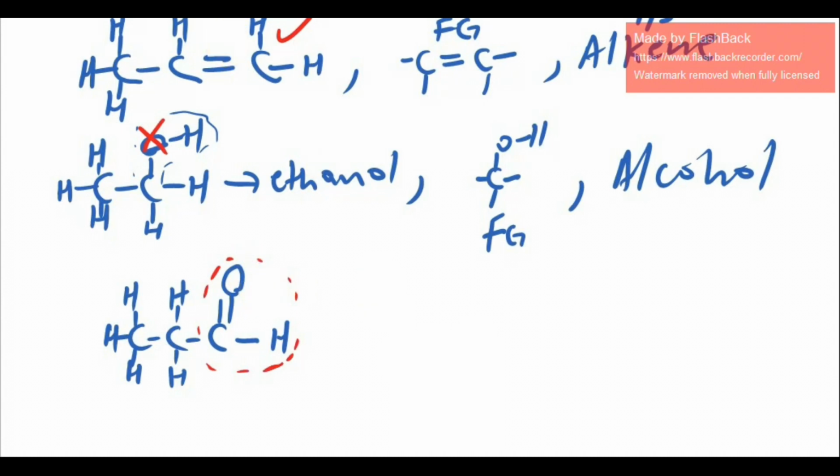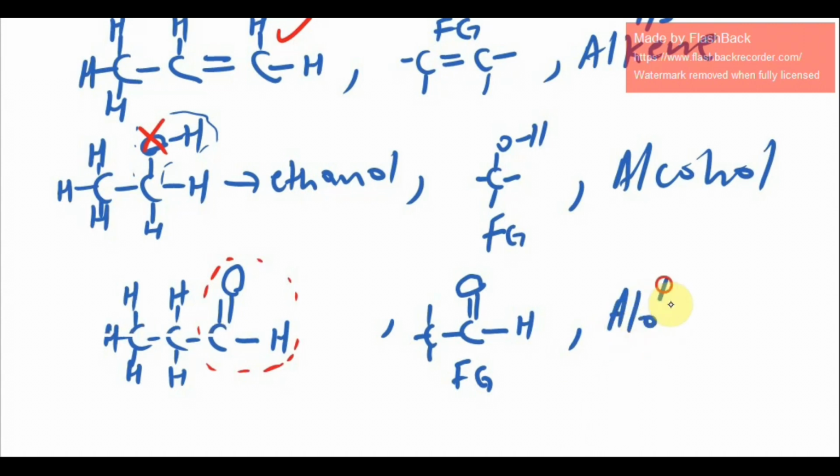So it's a carbon, double bond O, then we have H, then we have another carbon here. So this is the functional group of what? The homologous series is an aldehyde.